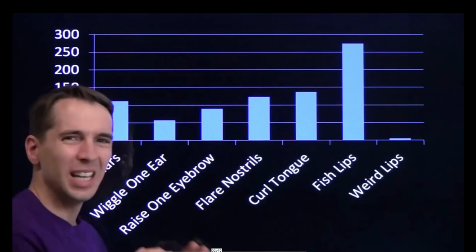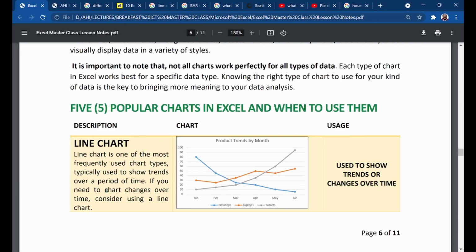When we want to compare different values, we know the best chart to use. And so it is important to get some insight into the different types of charts and know when to use them. So the first chart we'll talk about here is called a line chart.